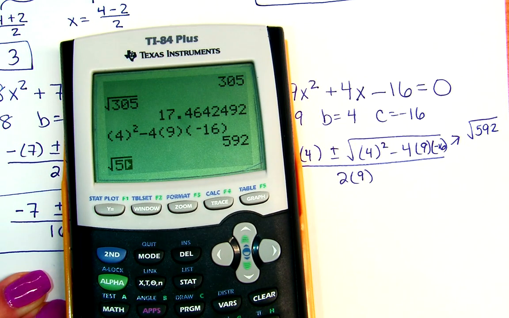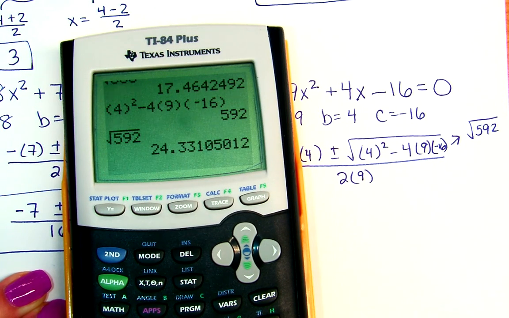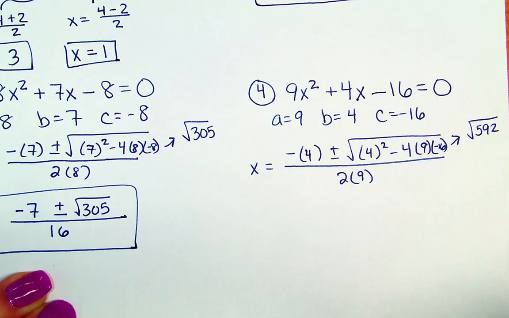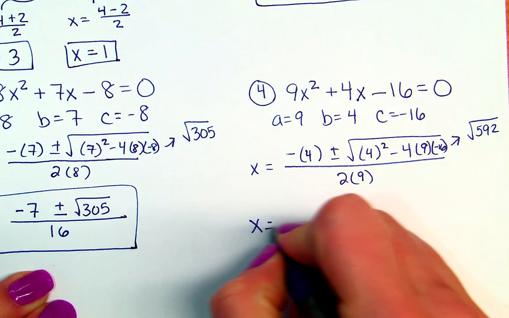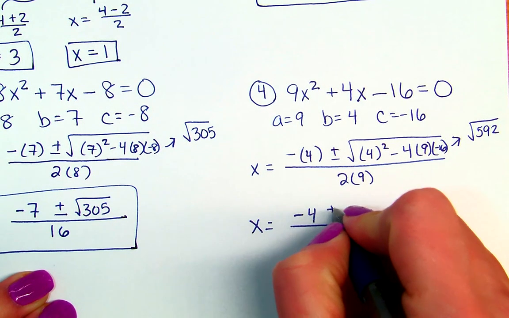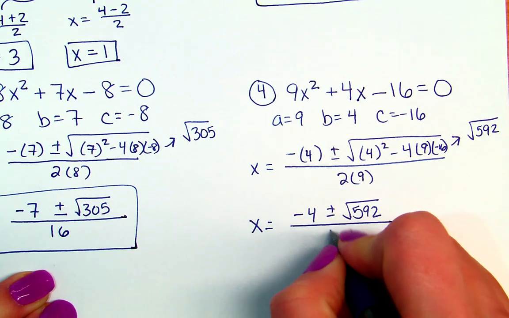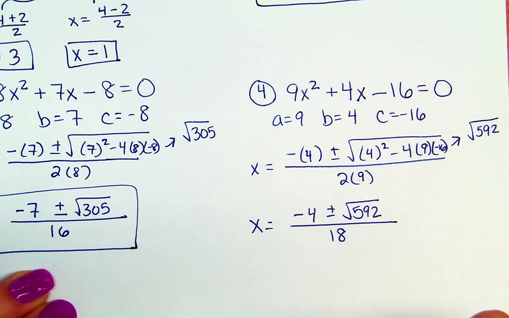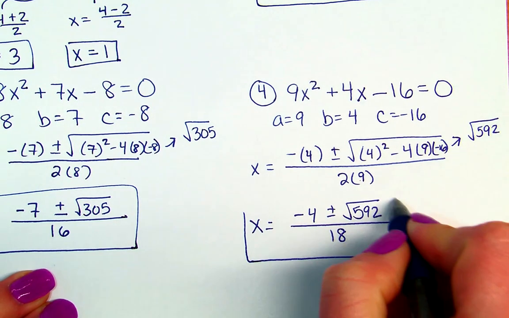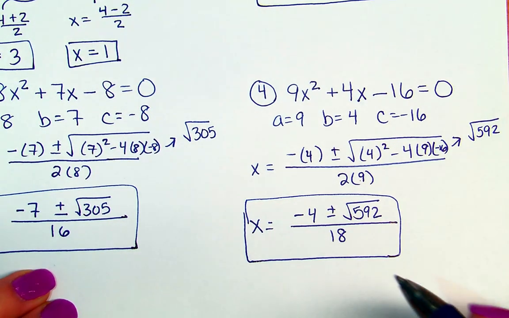Second x squared of 592, just to see what happens, is also irrational, so I'm going to leave it as is. And I wind up with negative 4 plus or minus the square root of 592 all over 2 times 9, which is 18.